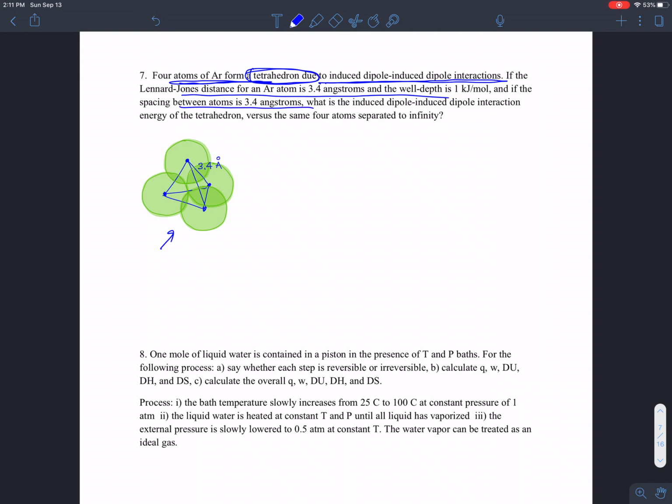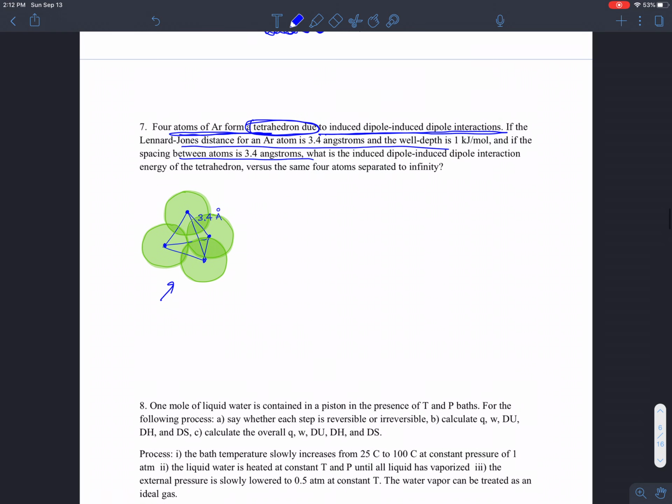That means that the interaction energy for any one pair is equal to minus the well depth times the natural interaction energy, or the Lennard-Jones distance, divided by r to the 12th power, minus 2 times big R over r to the 6th power for one pair again.